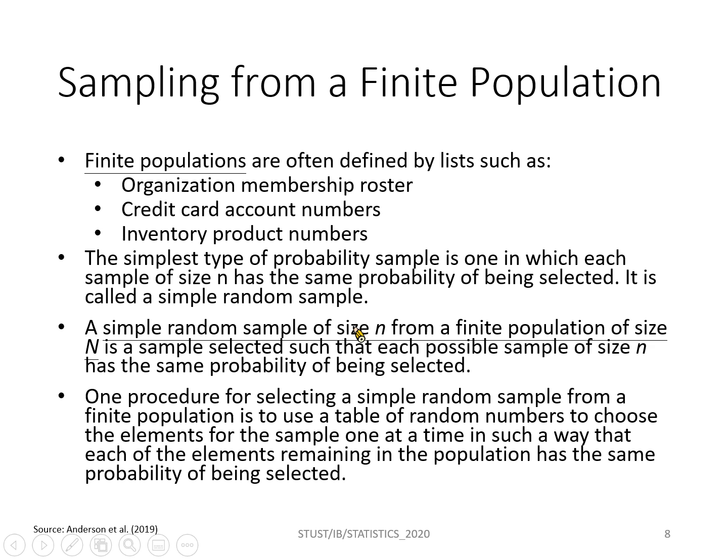So one procedure for selecting a simple random sample from a finite population is to use a table of random numbers to choose the elements for the sample one at a time, in which each of the elements remaining in the population has the same probability of being selected.